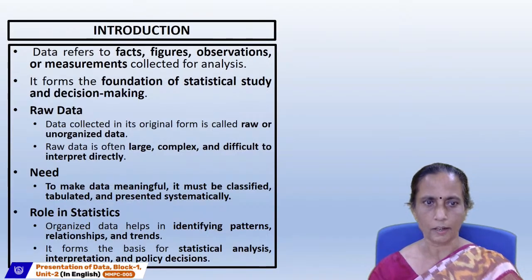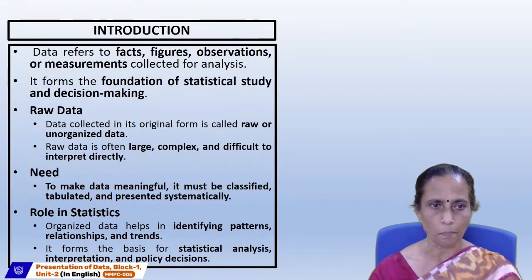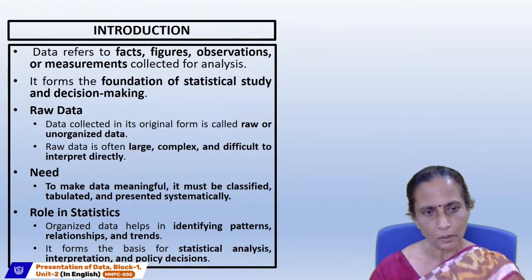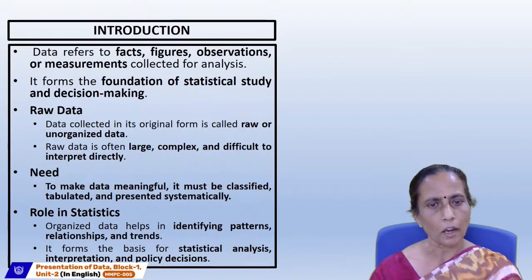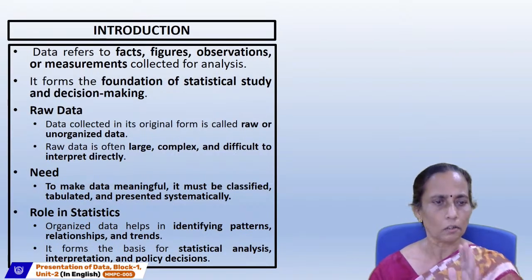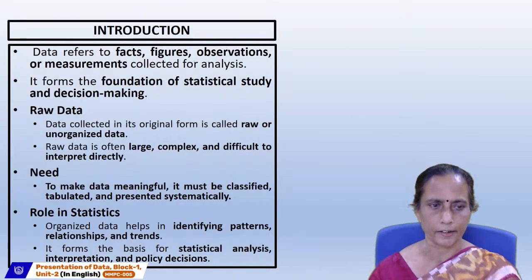That raw data is often very huge or voluminous, and it appears to be complex. By taking those questionnaires as such, a bulk of questionnaires, maybe 50, maybe 100, it is very difficult on anyone's part to make any decision or interpret it directly.